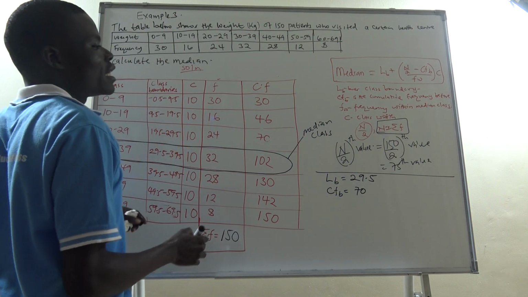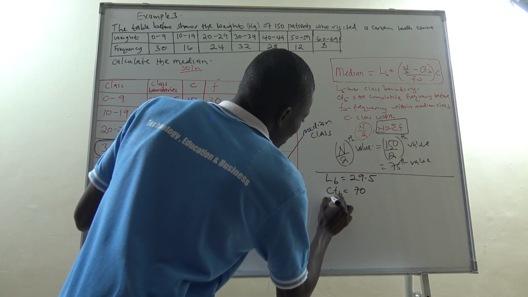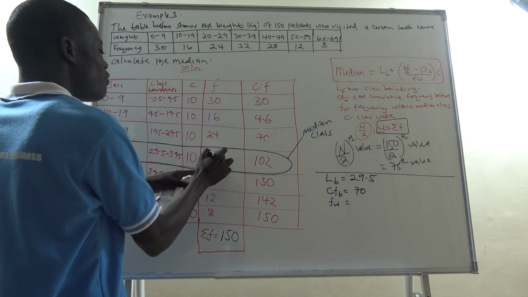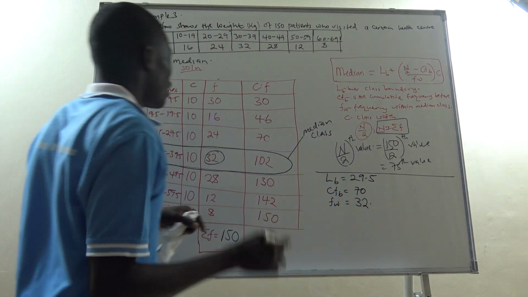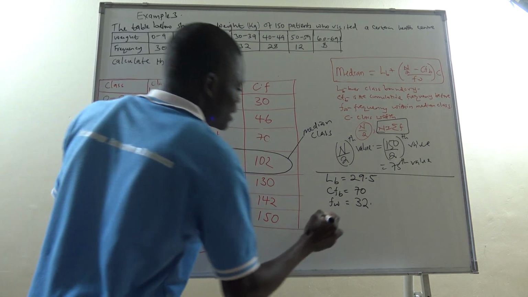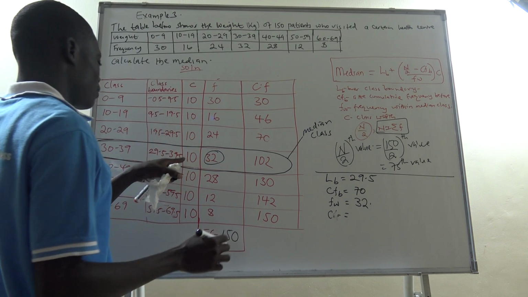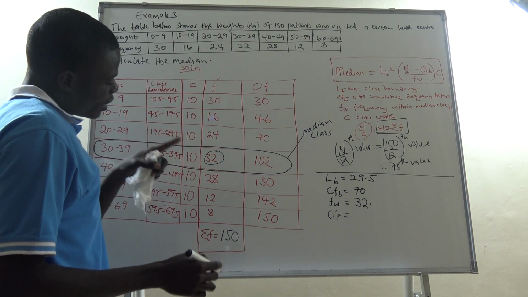Next we want the frequency within. For the frequency within, you come in the same row, you identify it. Frequency within is 32. After identifying 32, what do we want next? We want the class width. Class width, which is C, is what? Class width C is 10.